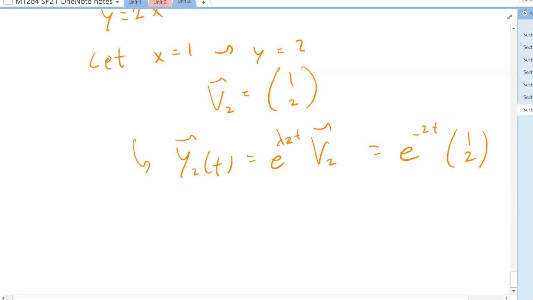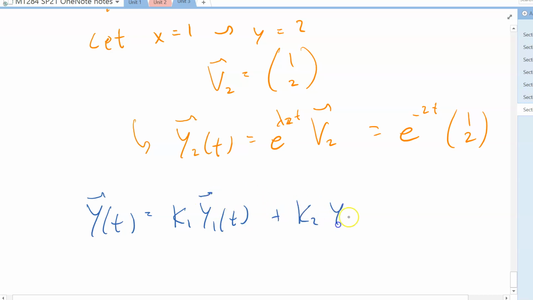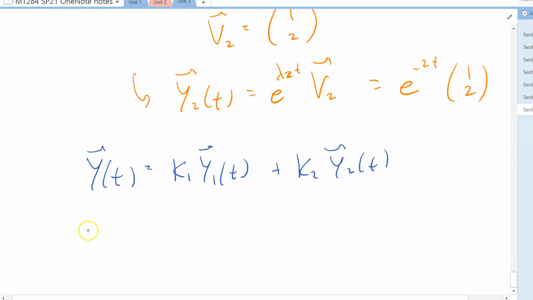Let's write the general solution out, and then maybe we'll do another example in this video to wrap this up. What is the general solution going to be? When we have distinct eigenvalues, the general solution is a scalar multiple of your first straight line solution plus another scalar multiple of your second straight line solution. Now let's put in the formulas that we found.